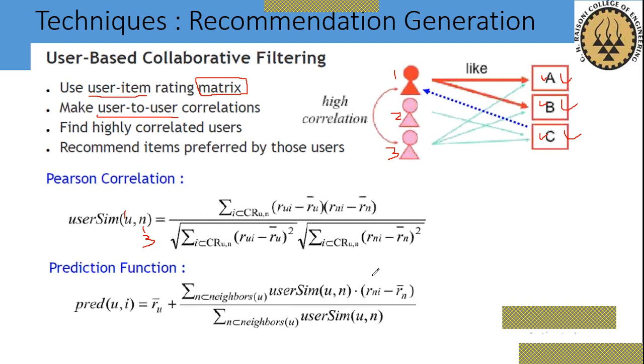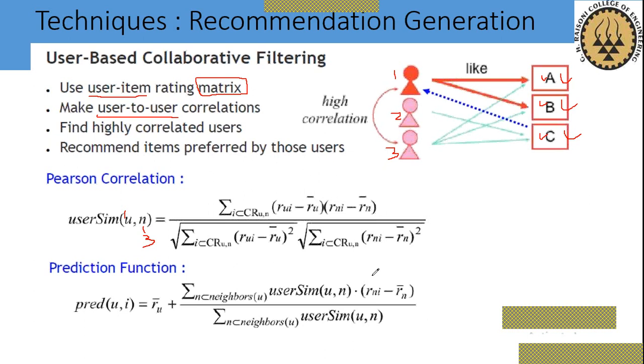Now, how do we give the prediction? The prediction function for user u on item i is equal to r bar u, that is the average rating of the user, plus the summation over n belonging to the neighbors of the users, of the similarity function we already found out, multiplied by r of n,i minus r bar n, divided by the summation over the neighbors of all users of the similarity of u and n.